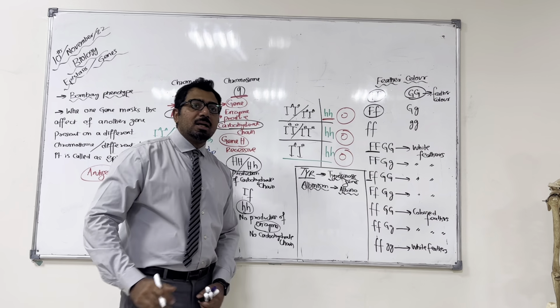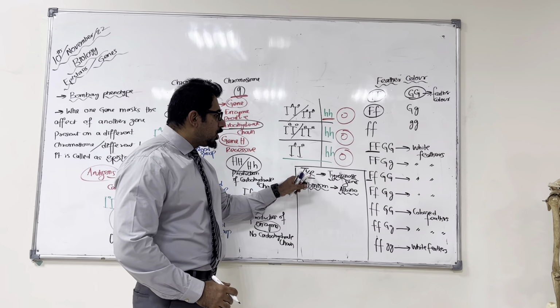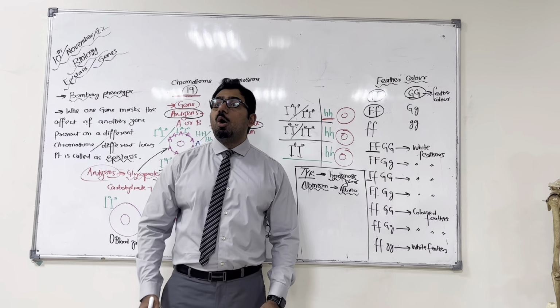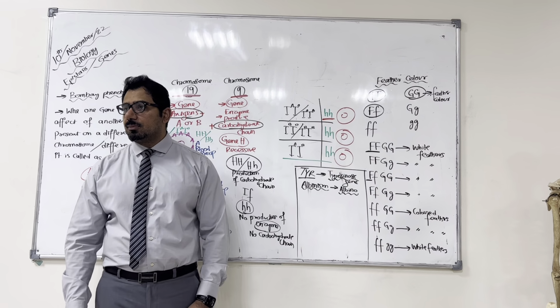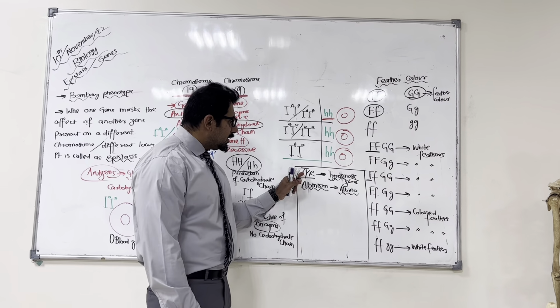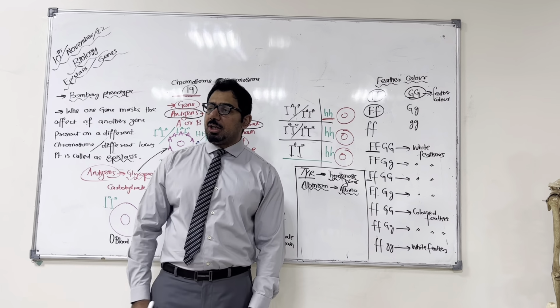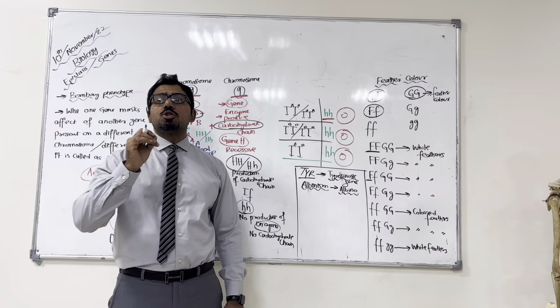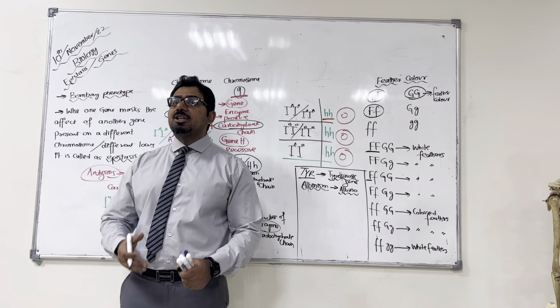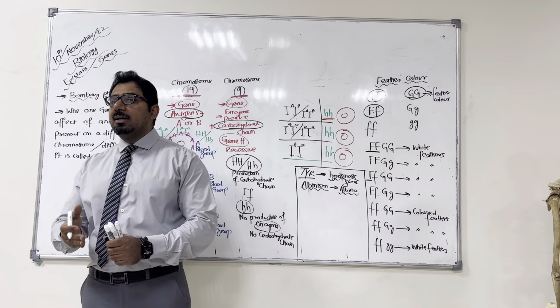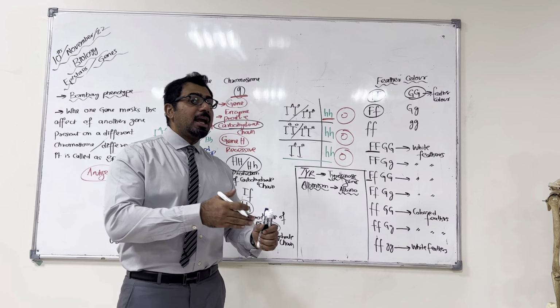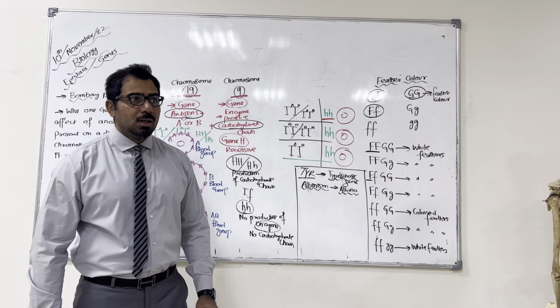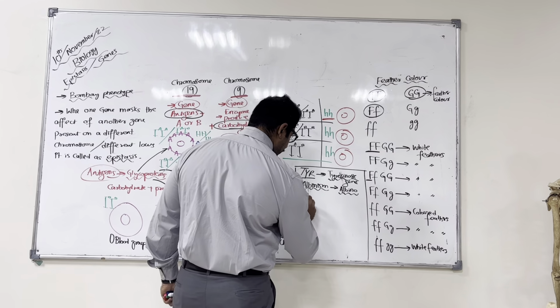In them, this gene is recessive, homozygous recessive, right? When this TYR tyrosinase gene is recessive, then an enzyme is not produced that changes tyrosine, which is an amino acid, into melanin.